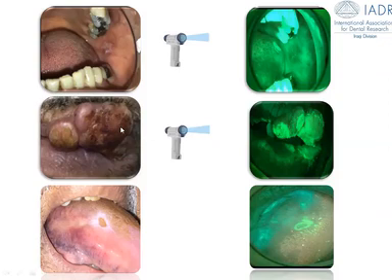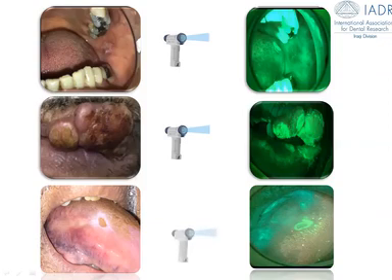The explanation is the thickened keratin layers within the lesions, masking the underlying visual fluorescence loss and the underlying destruction of the fluorophores. So the keratin layer masks this destruction and appears as a visual fluorescence retention.